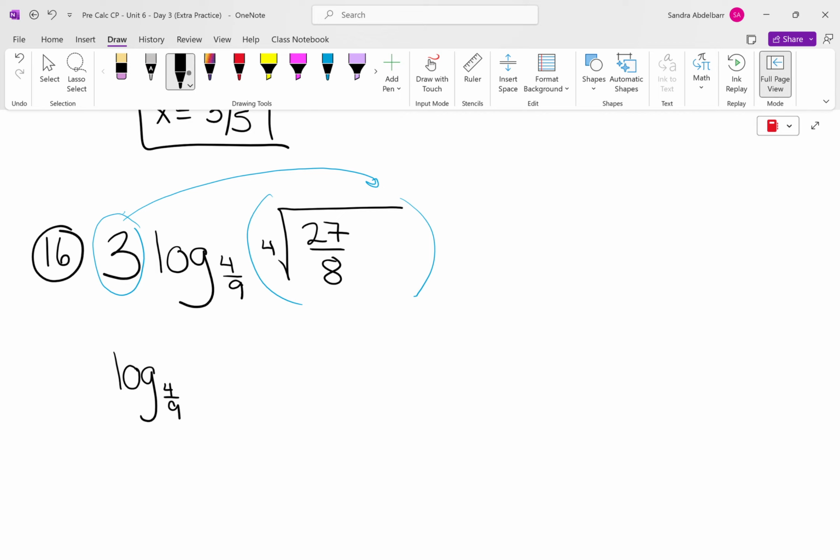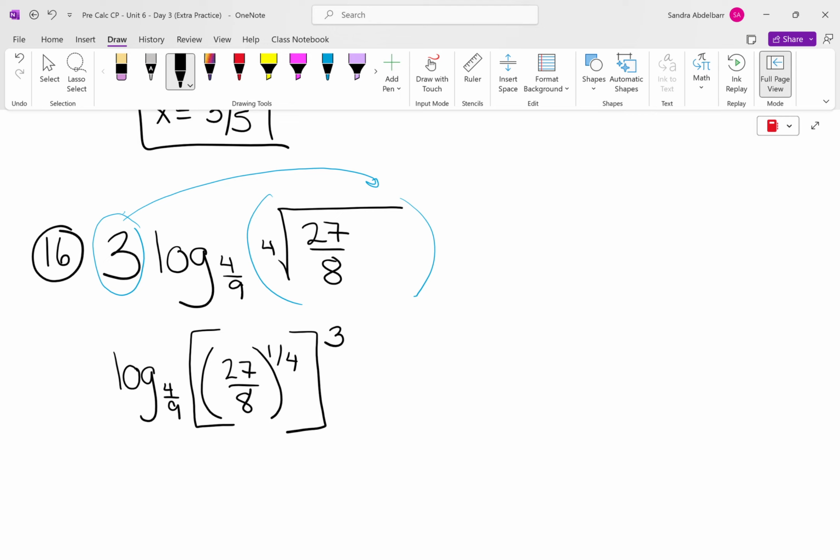Well, how do I change the 4th root into an exponent? 27 over 8 raised to what? 1/4. Okay. And then because I have to put that exponent of 3 back there, we're going to raise that to the 3rd. All I did here was take the 4th root and write it as a 1/4 exponent. Are we okay from how I went from the 4th root to 1/4?